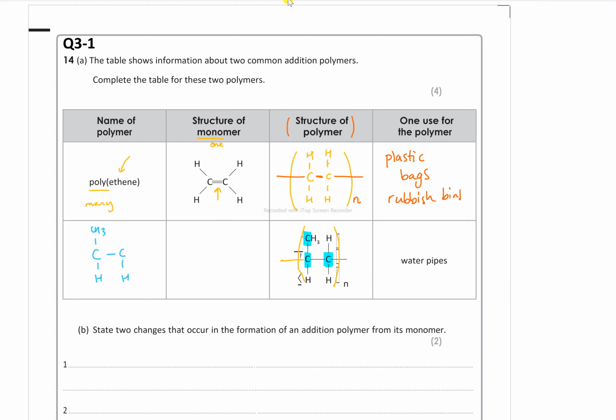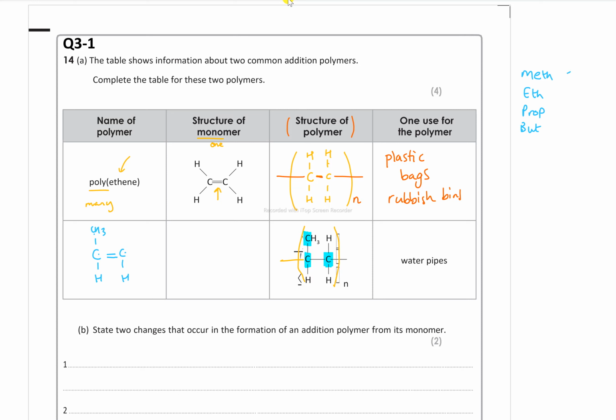Right, what I'm going to do is put a double bond here. So this is meth, eth, prop, but. Remember, monkeys eat peanut butter. Meth, eth, prop, but.